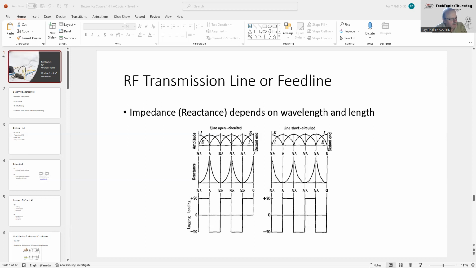and we'll try to do some of these experiments with 70 centimeters and 2 meters, and try to set something up so you can actually see this effect, because this is quite unusual for a transmission line and for AC.